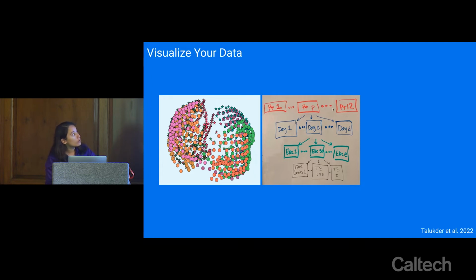Or I could pick all the patients. I could say, I only want to look at what day one looks like in all patients. Maybe there's habituation in this behavior and I want to see what it looks like on day one. And then I look at all the electrodes and all the time series. There are many different ways that you could operate throughout this stack to get a time series visualization.